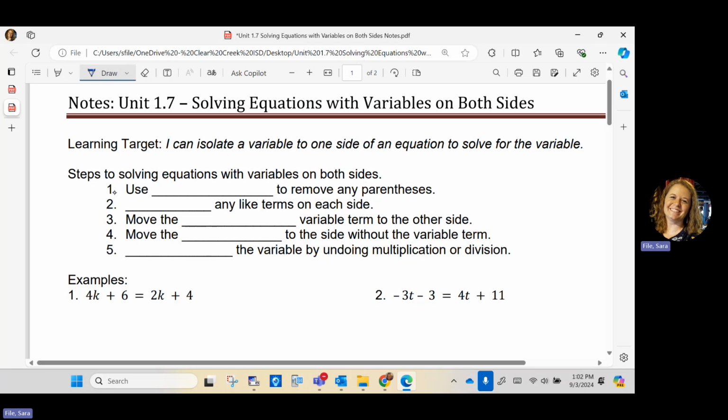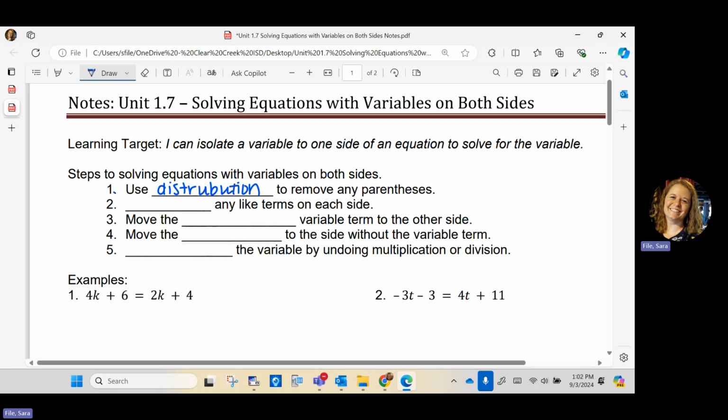Okay, the first thing we always need to do is get rid of any parentheses by distributing if necessary. That will not always be necessary. Sometimes there will be parentheses, sometimes there won't.